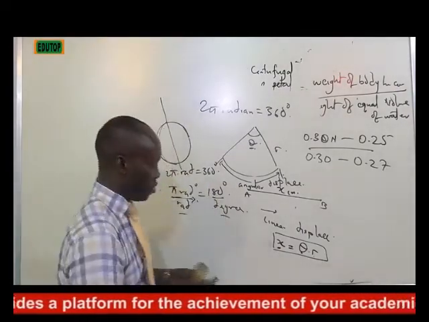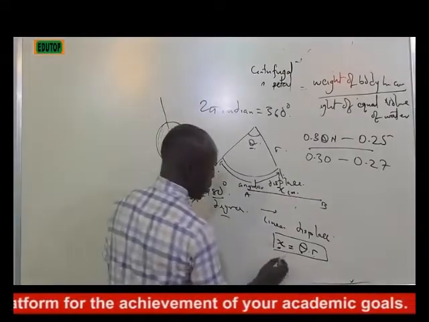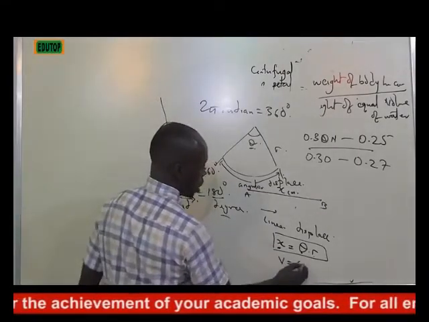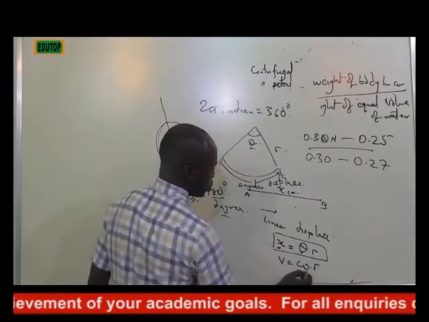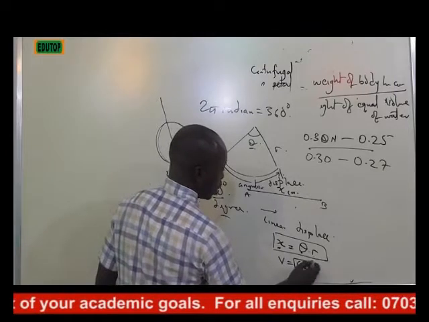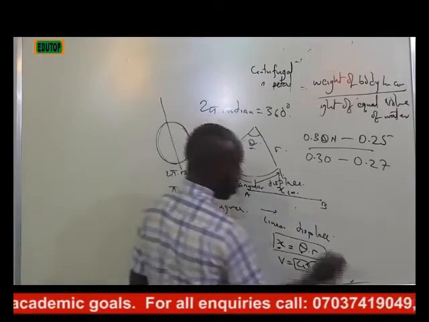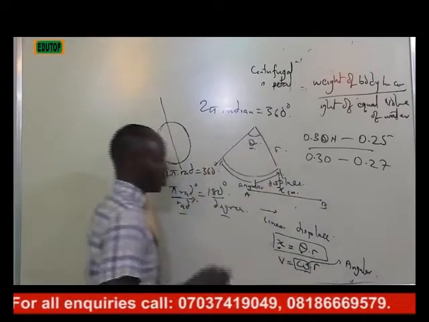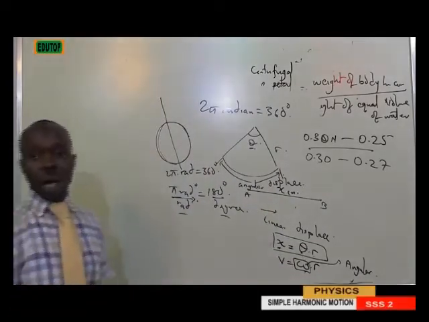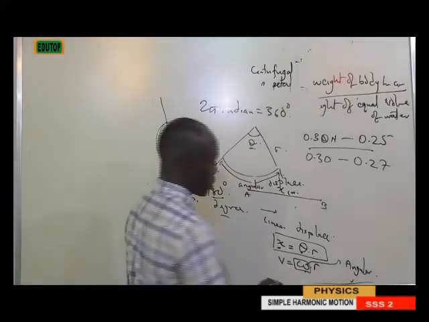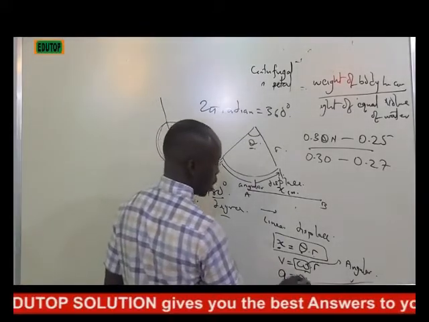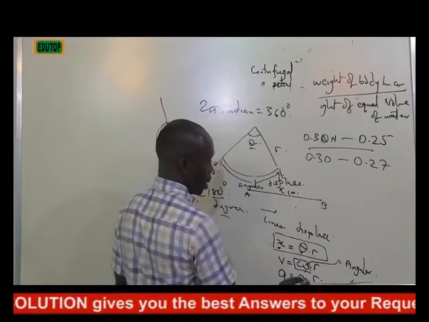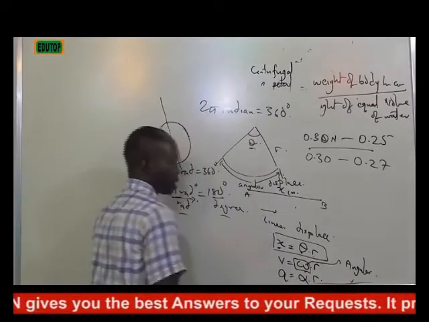So also your velocity. Your normal velocity will equal to what? Angular velocity dot r. Omega is what we call angular velocity. So v equals omega dot r. We also have your acceleration. Your acceleration will equal to alpha dot r, where alpha is your angular acceleration.